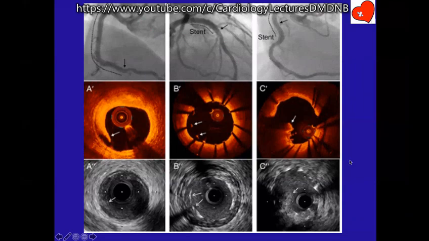This one and this one. Sir, plaque rupture, sir. Red thrombus. No, sorry, sir. It's a tissue prolapse, sir. Stent struts are seen, and there is a prolapse of tissue through the struts, sir.